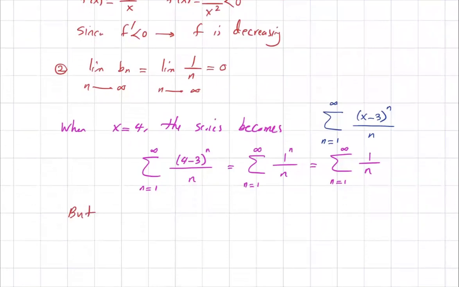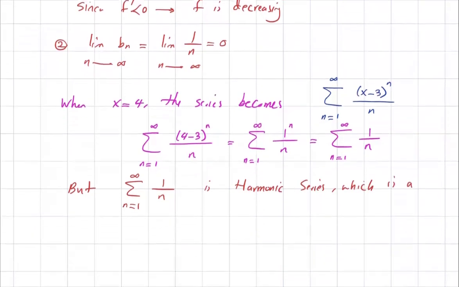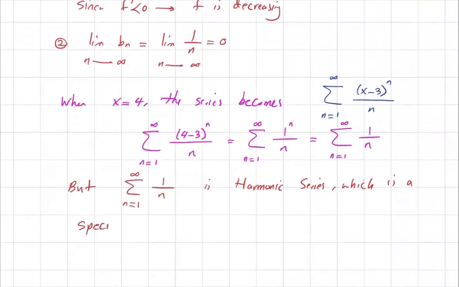The series of 1 divided by n, starting from 1 to infinity, is a harmonic series, which is a special case of p-series.